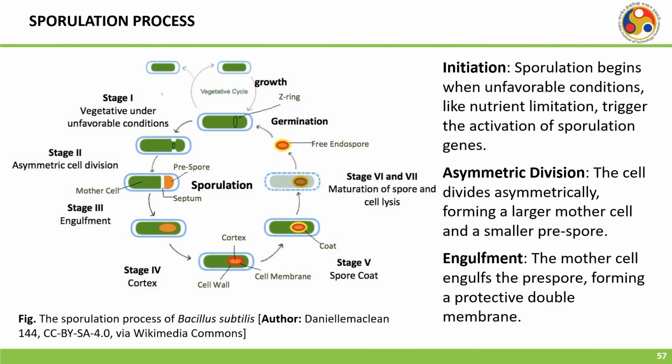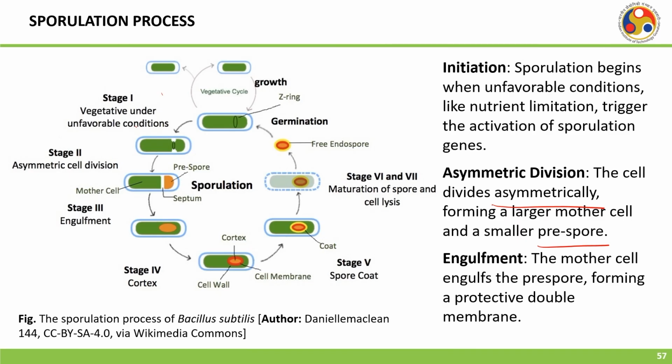Then it moves to the next phase, stage 2, the asymmetric division. Here the cell divides asymmetrically. You can see here one cell is bigger and another cell is smaller. In stage 2 we have asymmetric cell division: the larger mother cell and the small pre-spore.